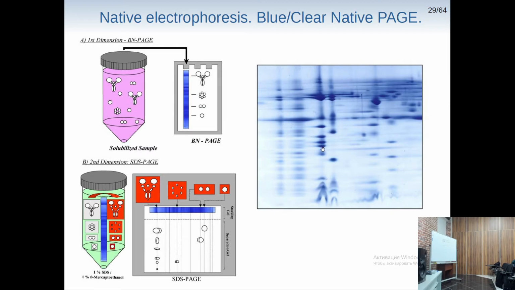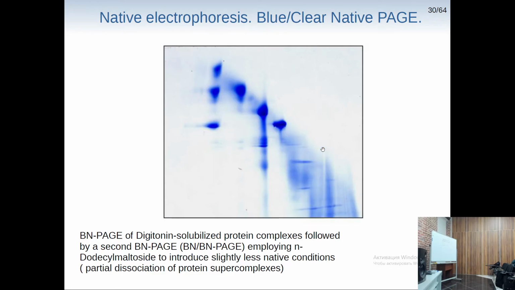And actually, you can make it a little bit differently. You can use something that is not so strongly denaturing as SDS. SDS is, of course, quite a denaturing agent. And you have monomers, everything is in this repair. You can use some less denaturing substances like digitonin or dodecyl maltoside, for instance, and get pictures like this one.